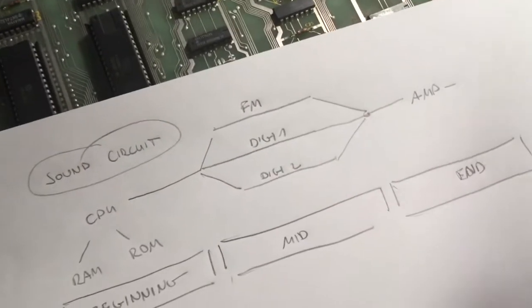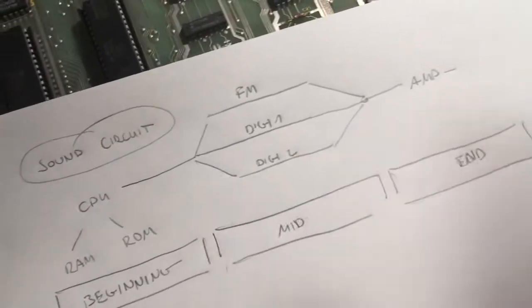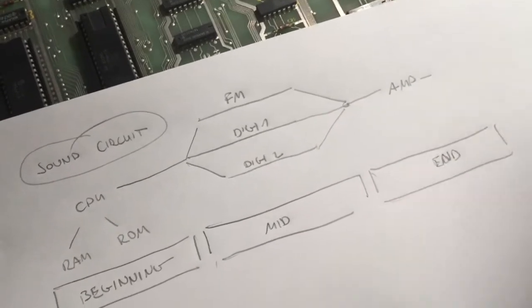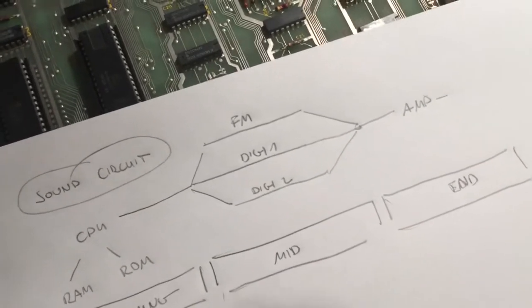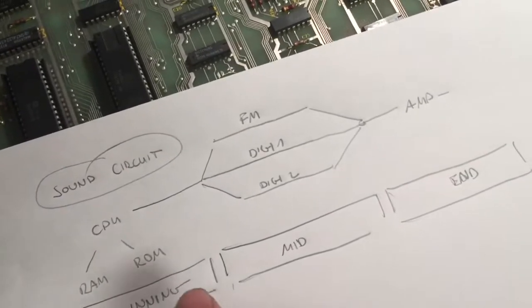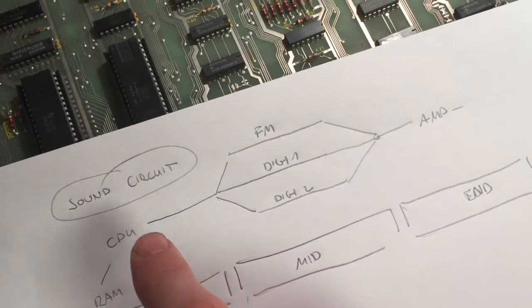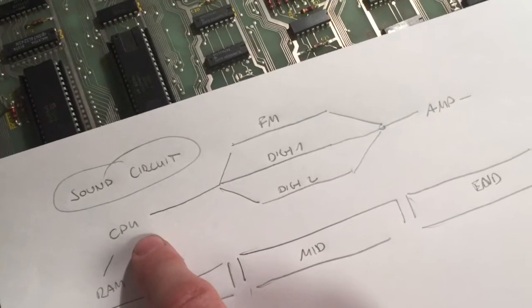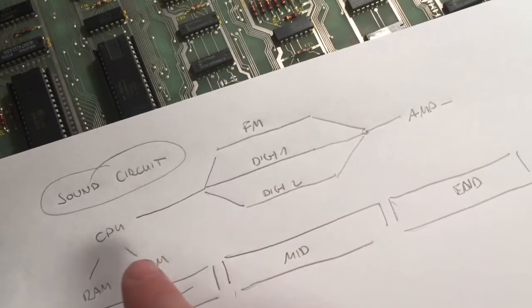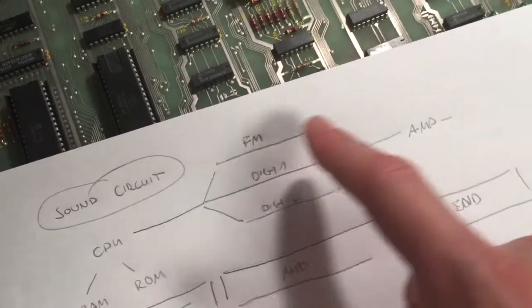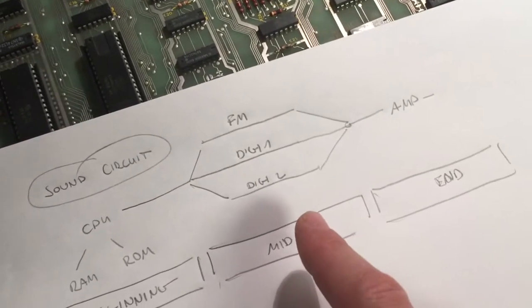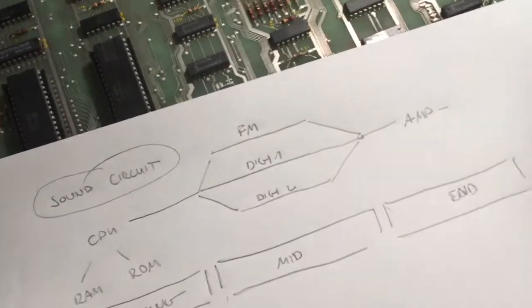Opposed to that, if you have a problem somewhere mid-circuit, you probably will not lose the complete function of the circuit, because from some point where it starts, basically in this case the CPU, the circuit often runs parallel in certain instances before merging again, for instance, to the amplifier.